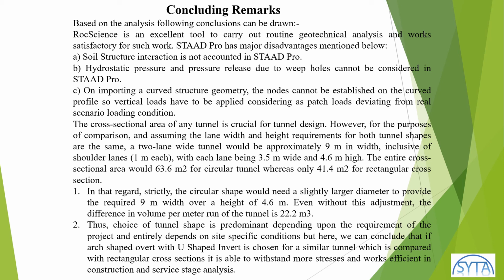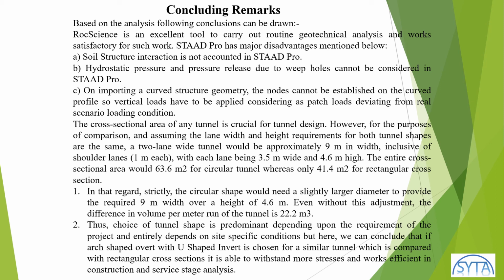This is the basic dimension that I have considered, and the entire cross-sectional area would be 63.6 for the circular arc tunnel, whereas for rectangular it would be 41.4 only.